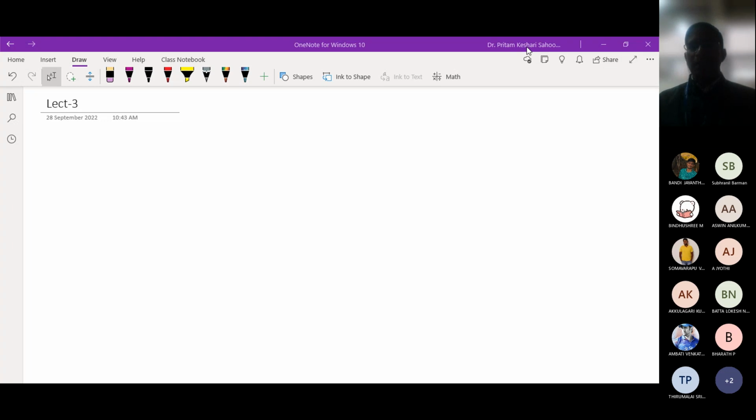Further, we represented this relationship by a logarithm: self-information equals log base 2 of 1 divided by the probability of occurrence. And we discussed why we are taking the logarithm. If we take log base 2, the unit will be bits. If we take log base 10, the unit will be decits. And if we take the base as e, then the unit will be nats. So it is up to the user which base to use to represent the logarithmic expression.